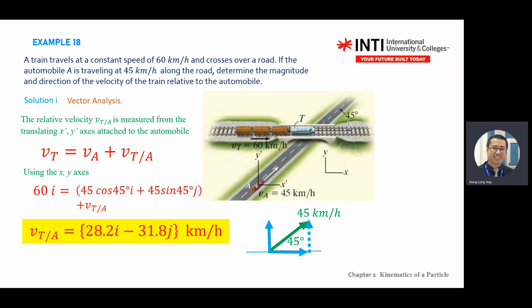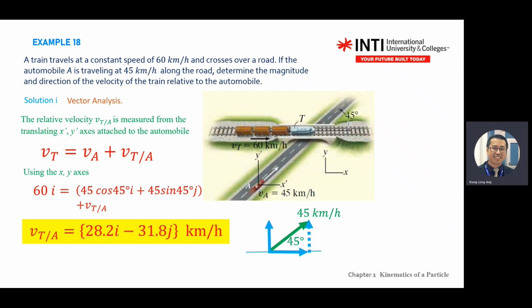And you should be able to draw the vector. The j component is negative, so it should be going that way, going down.